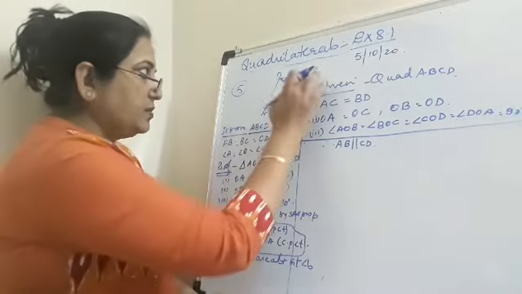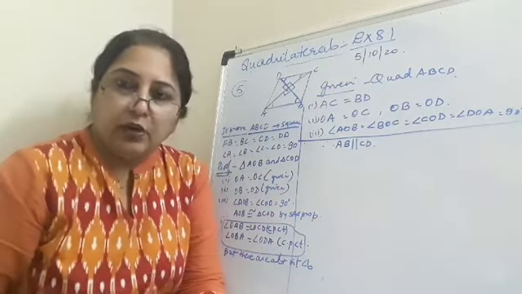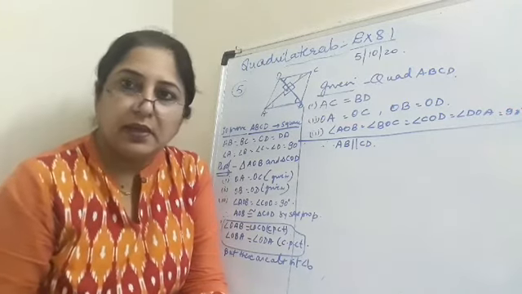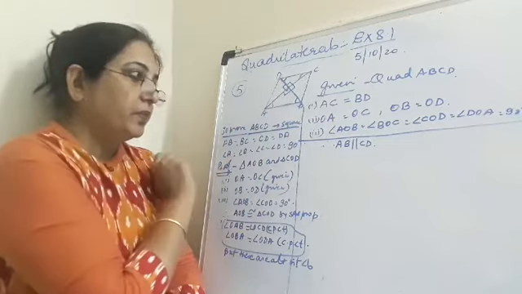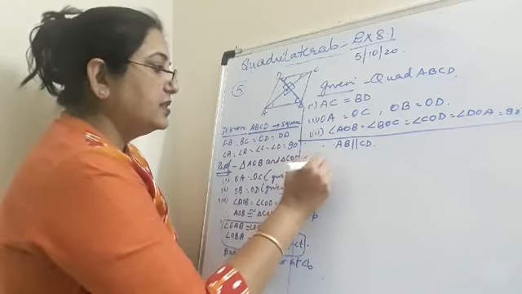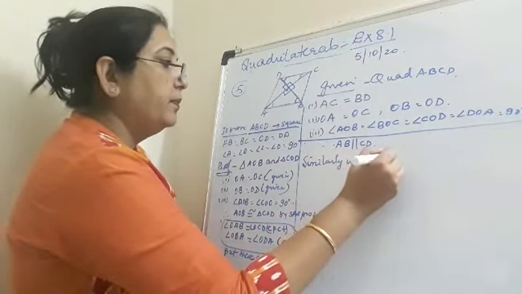Now to prove that it is a parallelogram, you know that opposite sides of the parallelogram are equal as well as parallel. So we have to prove similarly this pair is also parallel. Okay, so similarly we can prove.